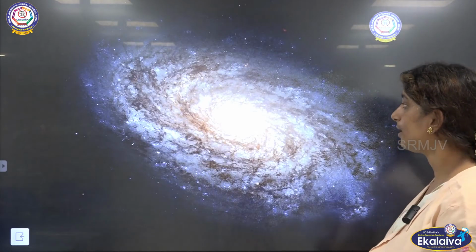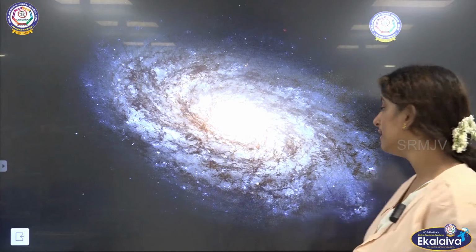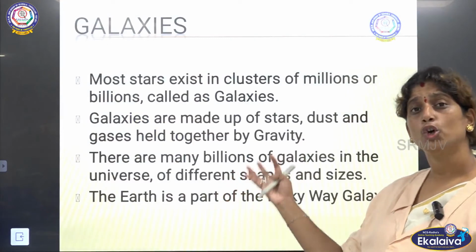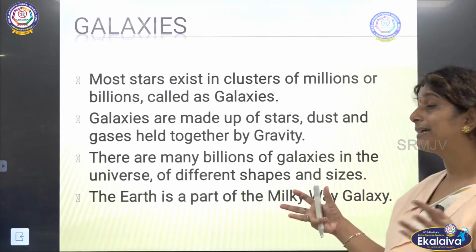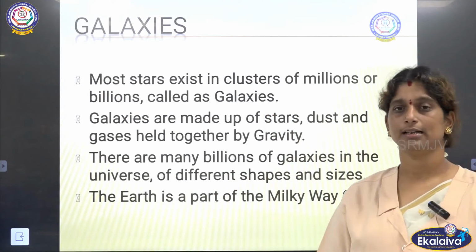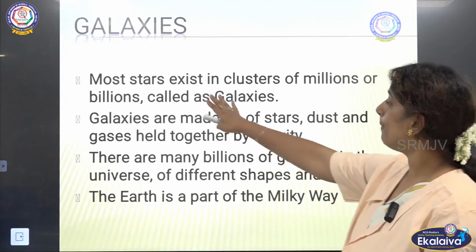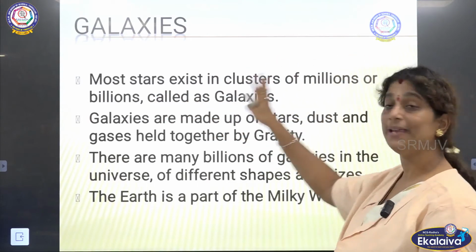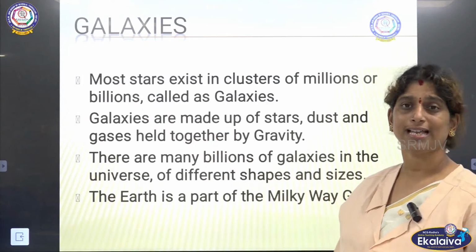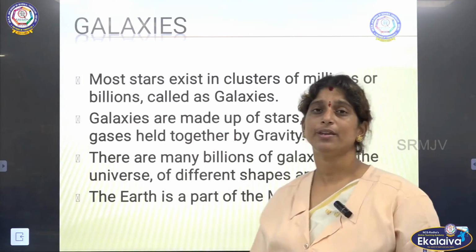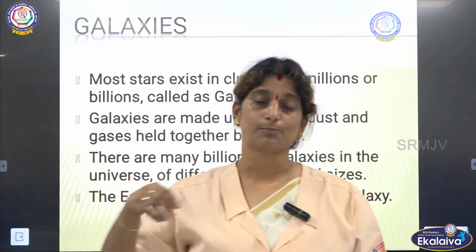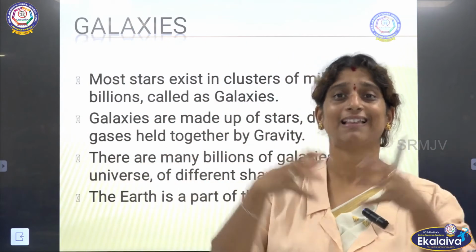Next, now we are going to see about galaxies. So what are galaxies? Galaxies are again groups or clusters of stars. Most stars exist in clusters of millions or billions, and they are called galaxies. Usually for us it is visible as one or two stars, but usually they are in clusters.